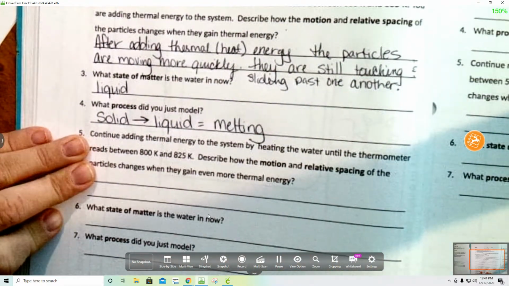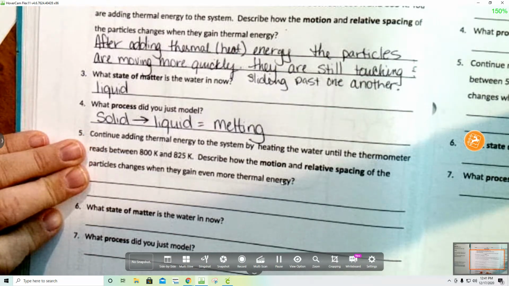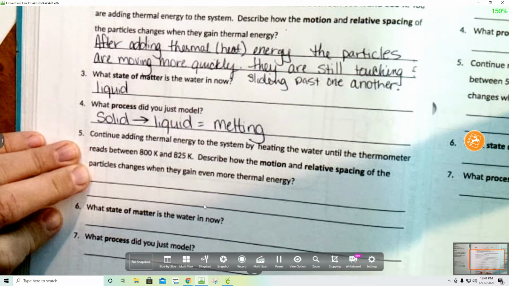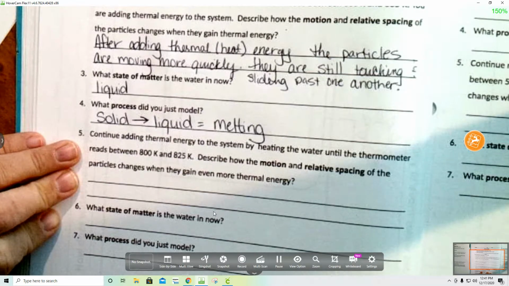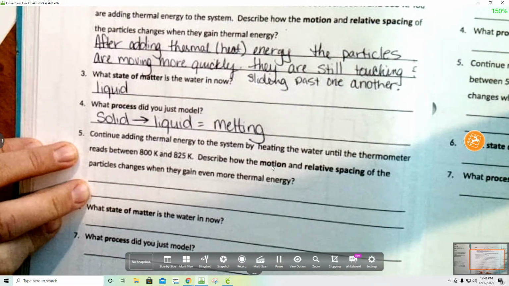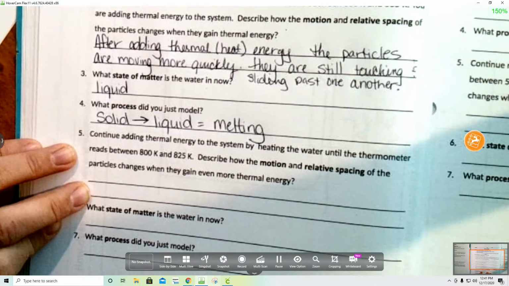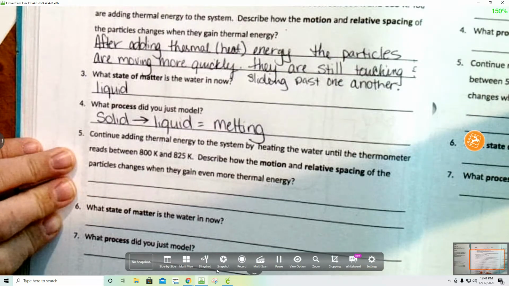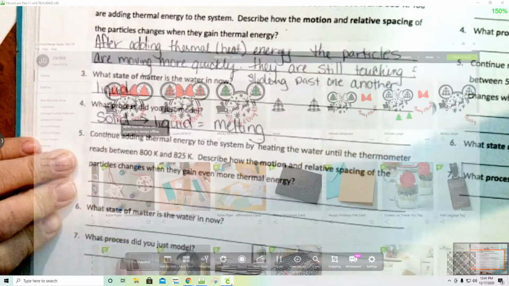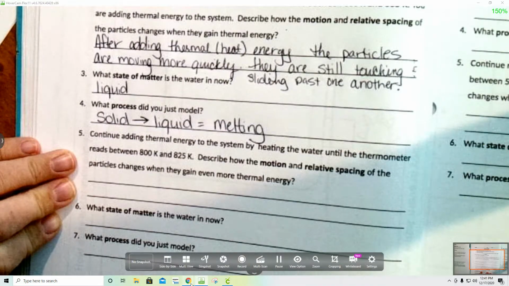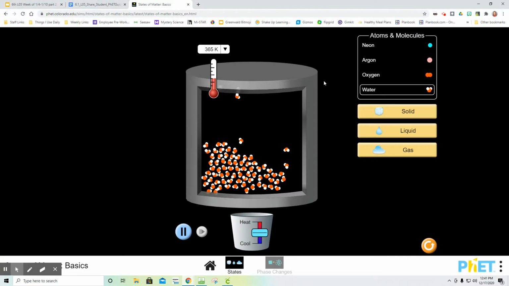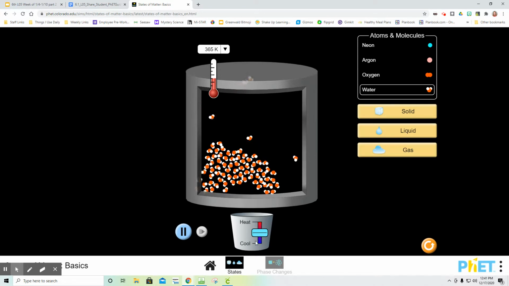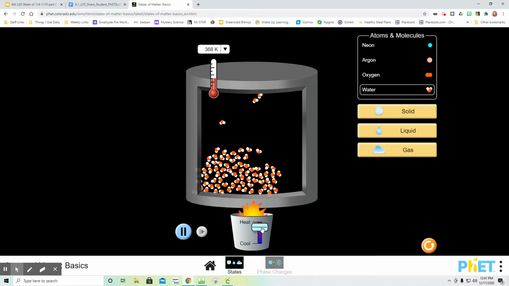Now it says to continue adding thermal energy to the system by heating the water until the thermometer reads between 800K and 825K. Now we need to describe the motion and relative spacing when we added more thermal energy to the liquid. Okay, so 800K is what we're looking for, so we're going to heat it.